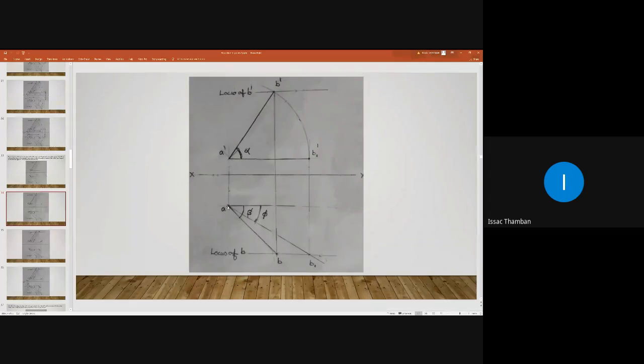That means if you measure AB1, then you will get the true length of line AB. And if you measure this angle, then you will get the actual inclination of line AB with respect to VP. So this is phi.